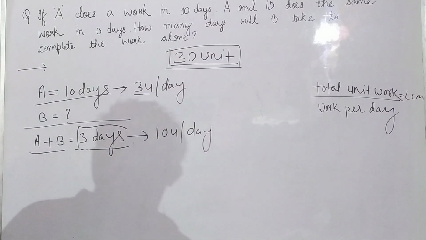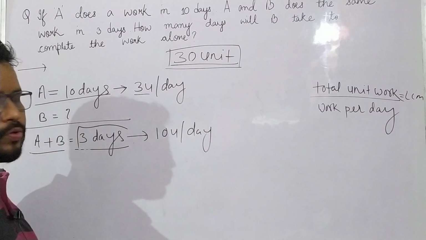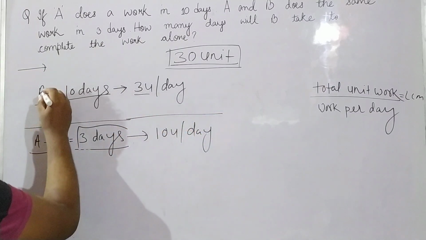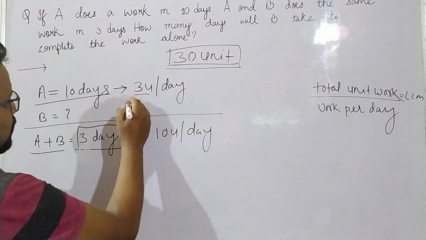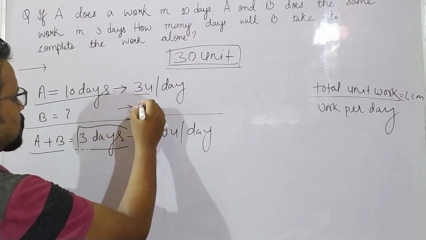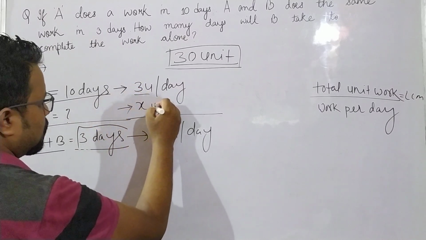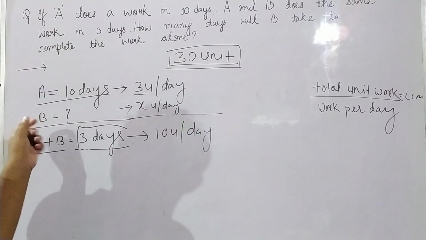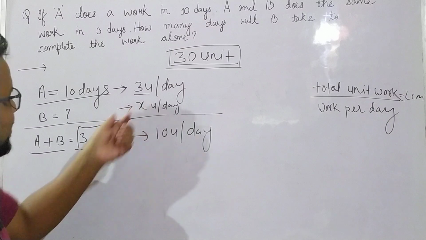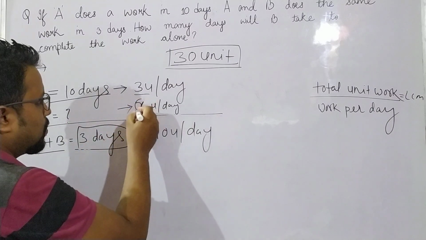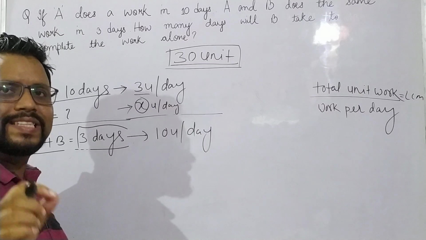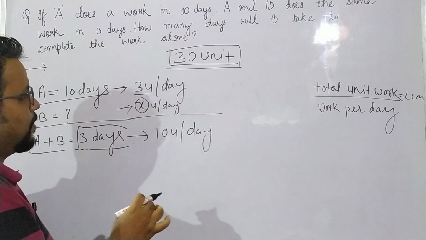So how will we do this? A plus B is 10 units per day. We don't know how much B can do in one day, so assume it is X units. X units of work is done by B in one day.